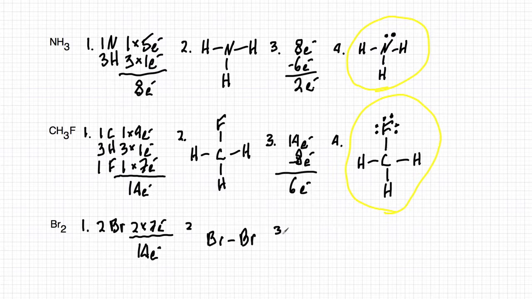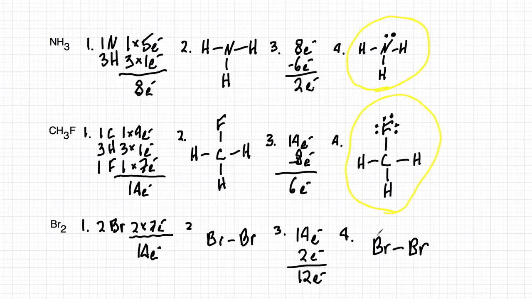For step 3, well, we started with 14 electrons, and we only have 2 electrons there. So that gives us a total of 12 electrons that are left over. So for step 4, we need to put those electrons there, so that everyone who needs 8 has 8, and both of the bromines need 8.